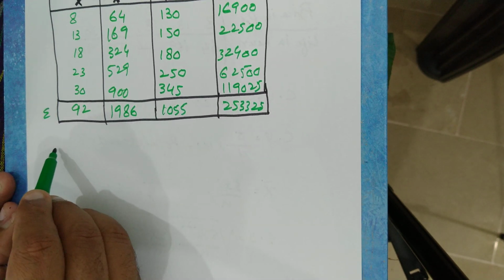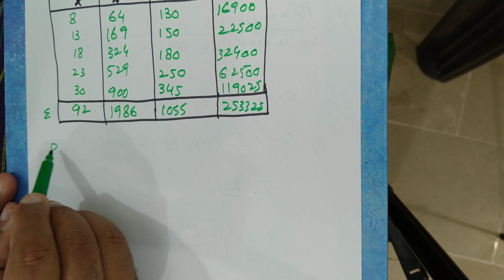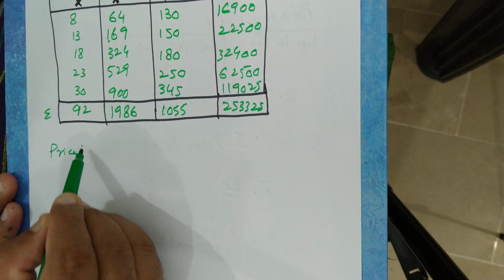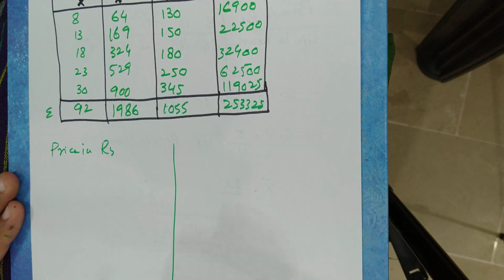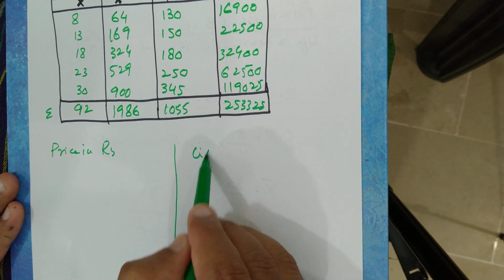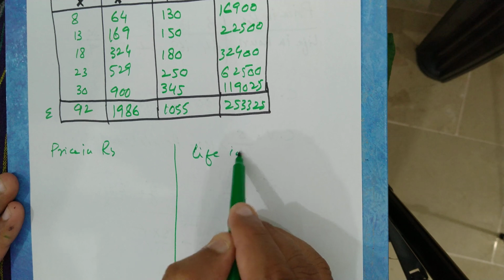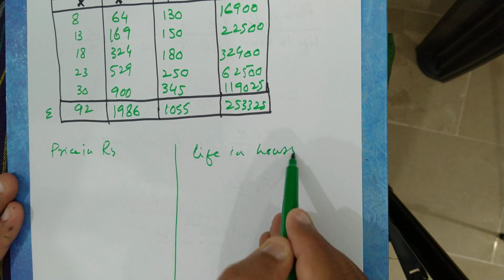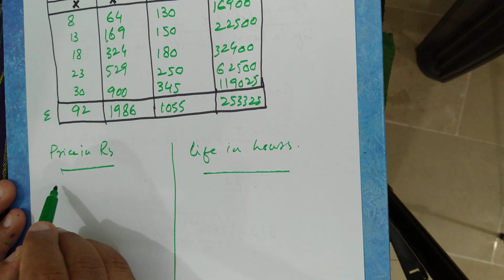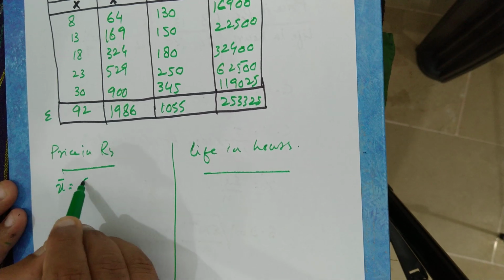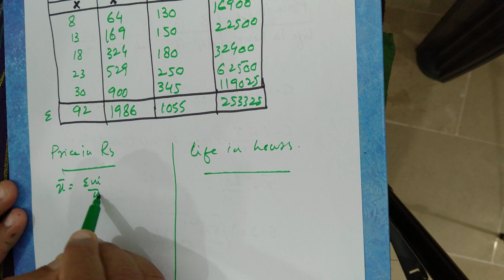Now here we have two different sides: the calculation for price in rupees, and the calculation for life in hours. For price in rupees, x bar is equal to summation of xi divided by n.